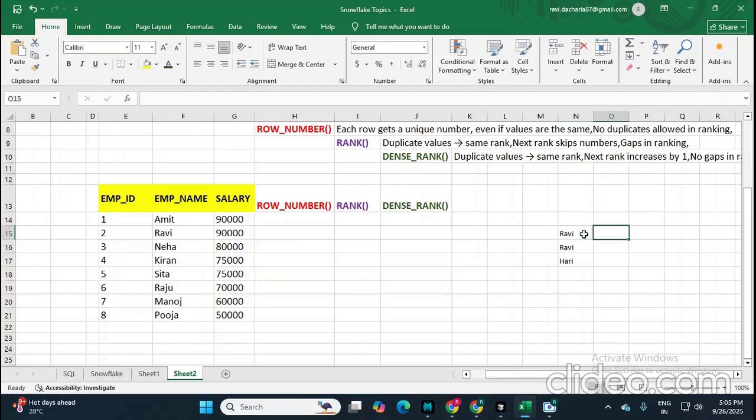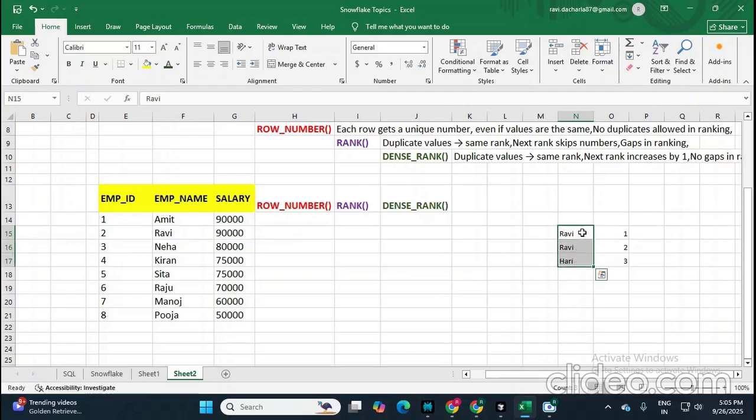I want to assign row numbers to these three people. So I am assigning row number one to Ravi, row number two to the other Ravi, and row number three to Hari. Each row gets a unique number: the first Ravi gets one, and the second has the same name but is a different person, so we assign two. You're taking the name only as a priority.